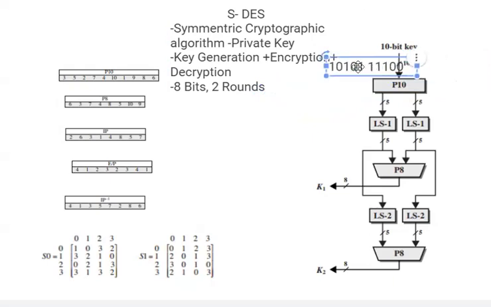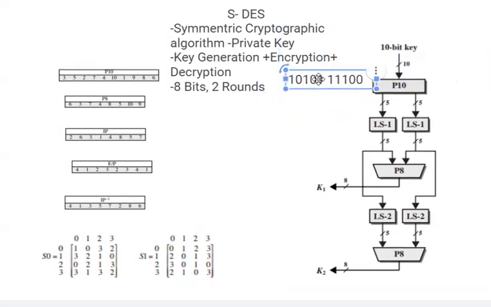As we know the sequence, this is the first bit, the second bit, the third bit, the fourth bit, the fifth bit, then sixth, seventh, eighth, ninth, tenth bit.